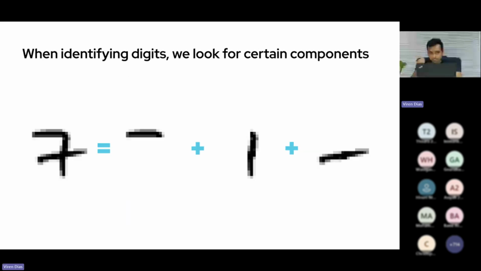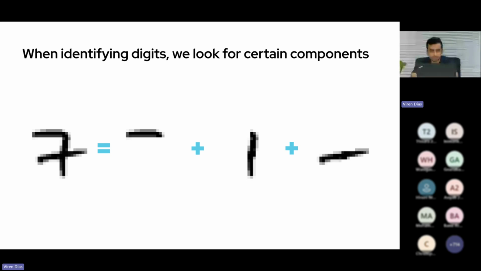But why exactly is it organized into layers? Well, when we recognize digits, we look for certain components. For a 7, we might look for a horizontal line near the top of the image, as well as a vertical line down the center of the image.